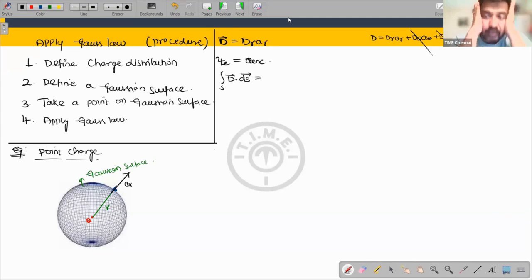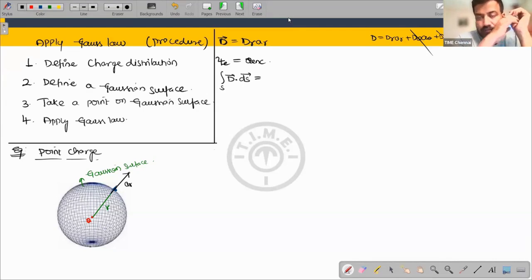Yeah, anyone? How much is charge enclosed? That is charge of electron.